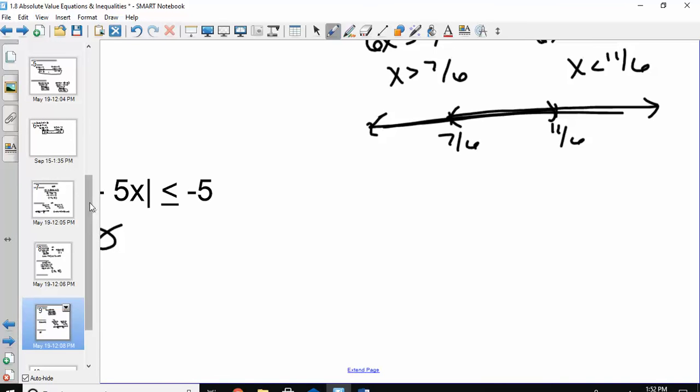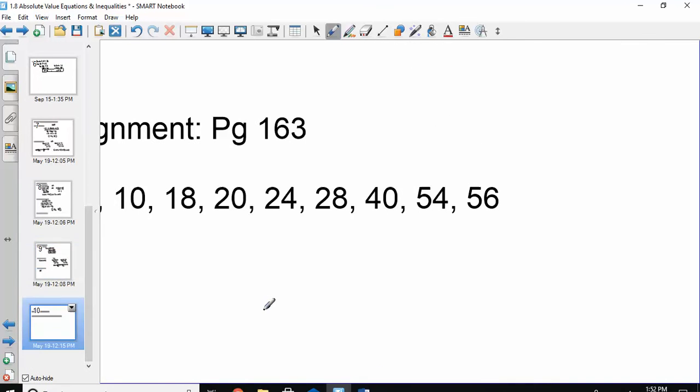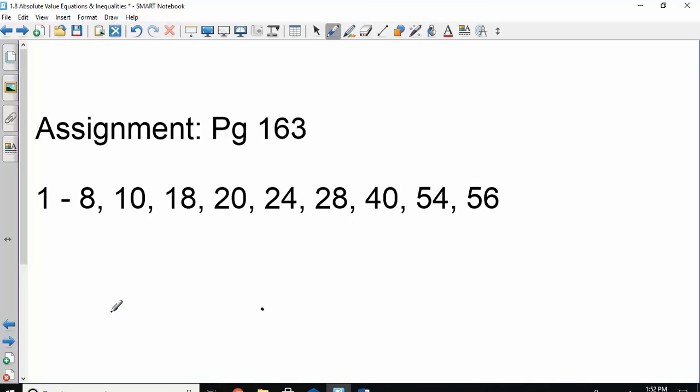Okay. So, assignment for today. It says 1 through 8 are just matching, so there's only a few that you are actually solving. This is Tuesday. Tomorrow is Wednesday. Normally I would have done a quiz over section 7 and 8 at this point.